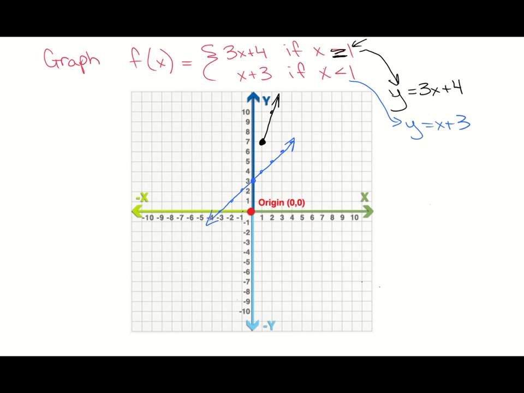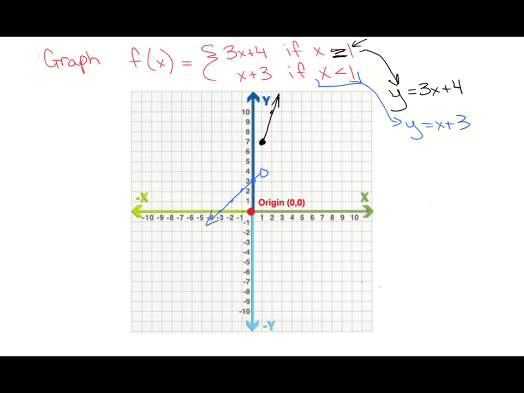But this domain restriction says if x is less than 1. So I don't need anything greater than 1. So I'm going to erase all the stuff where x is greater than 1. I stopped where x is equal to 1. And now I need an open or closed circle. An open circle because it says it's less than 1, which means I'm not including that point. And that is my graph.